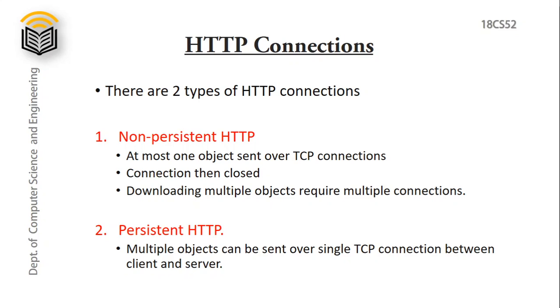For example, if you request 6 objects from the server, then 6 TCP connections are required. Next is the persistent HTTP connection. Here multiple objects are sent over a single TCP connection between client and server. Unlike non-persistent HTTP, here the connection is left open after exchanging the objects.